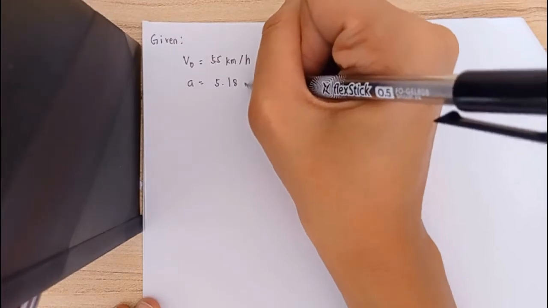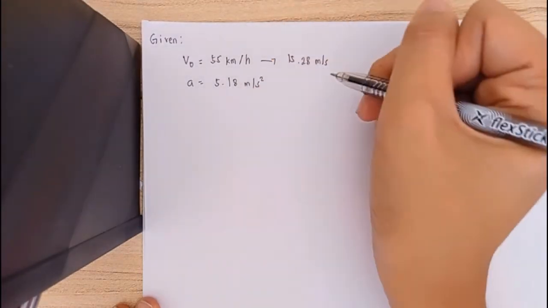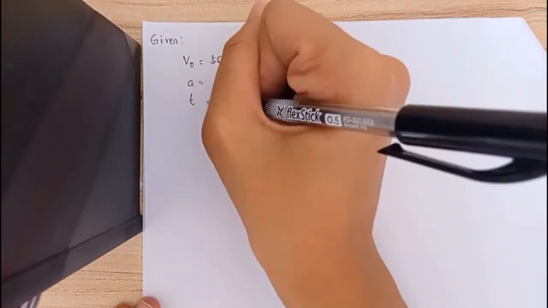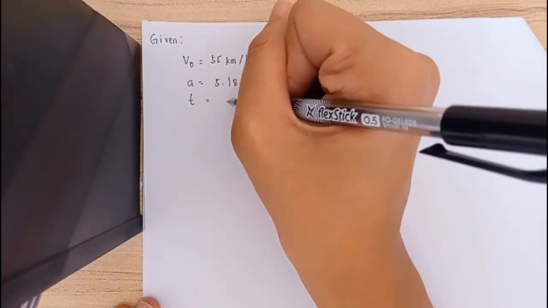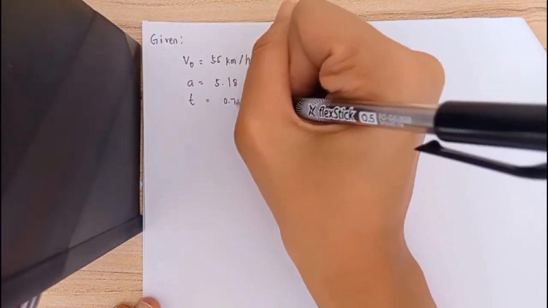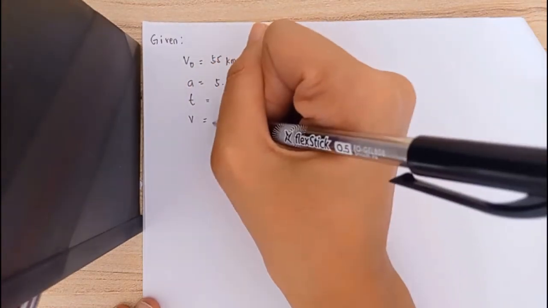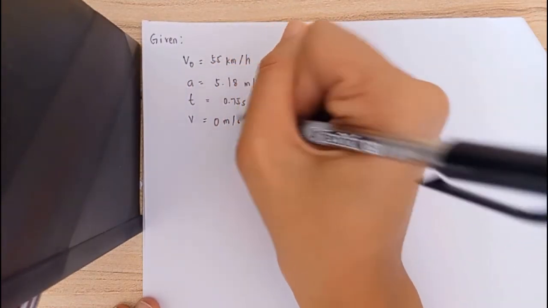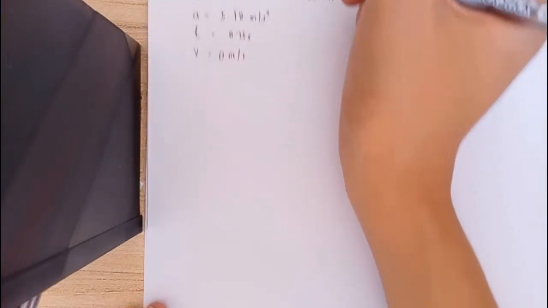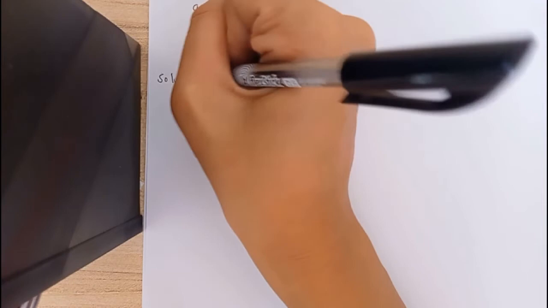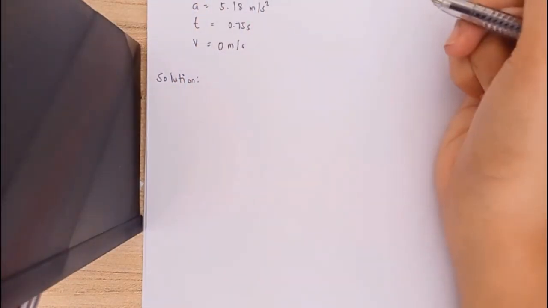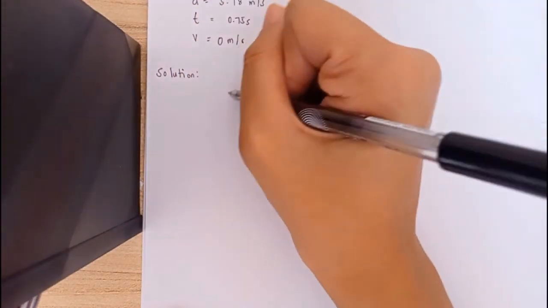Next, our acceleration is 5.18 meters per second squared. Our time is 0.75 seconds. Our final velocity would be 0 meters per second. So let us now solve the problem.